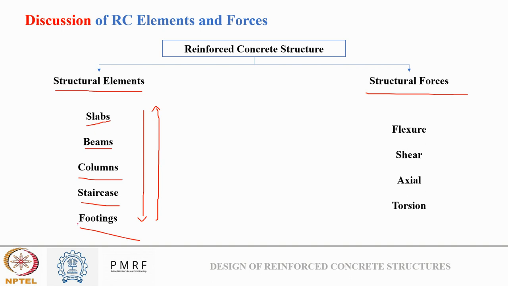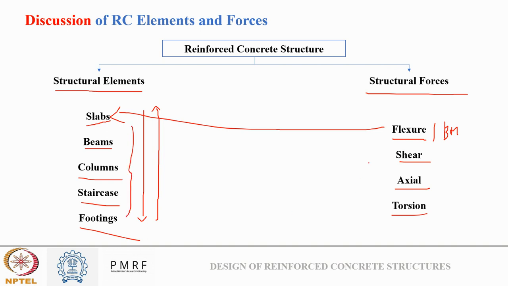Now, among these five major structural elements, what are the forces for which we aim to design? It is flexure, or we can say bending. There is shear, there is axial, and there is torsion. So we have seen flexure, how it contributes in all the elements. Shear, we saw shear contribution in beams and in slabs.